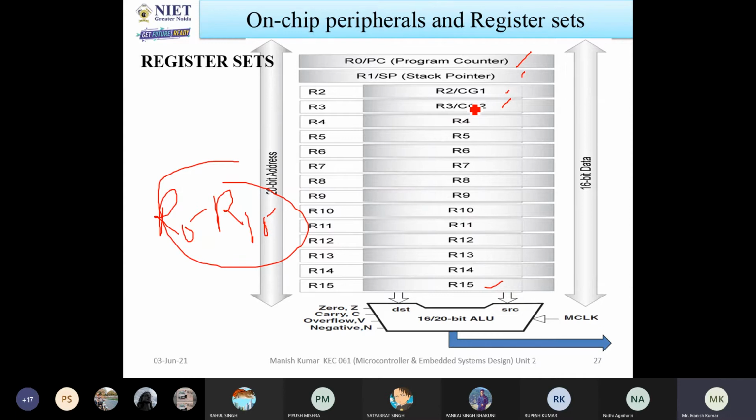R0 to R3 are R0 slash PC program counter, R1 slash stack pointer, R2 slash CG1, R3 slash CG2. So these 4 registers are used for special functions also. And then R4 to R15 you can use as general purpose registers.